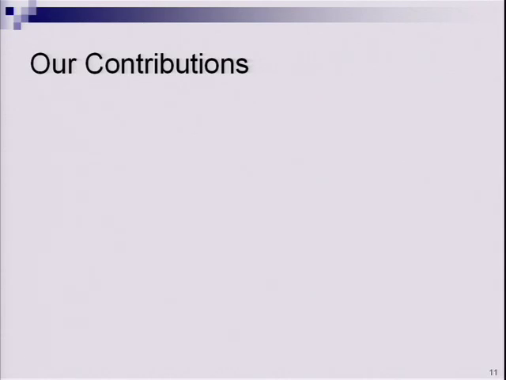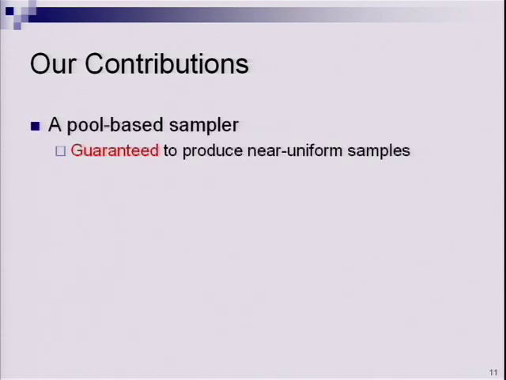So what are our contributions? We created two new search engine samplers. One is what we call a pool-based sampler. It's based on a pool of queries, which is very similar to the lexicon of Bharat and Broder. We could actually prove that under plausible assumptions, this sampler generates near-uniform samples, and we can quantify the distance from uniformity.